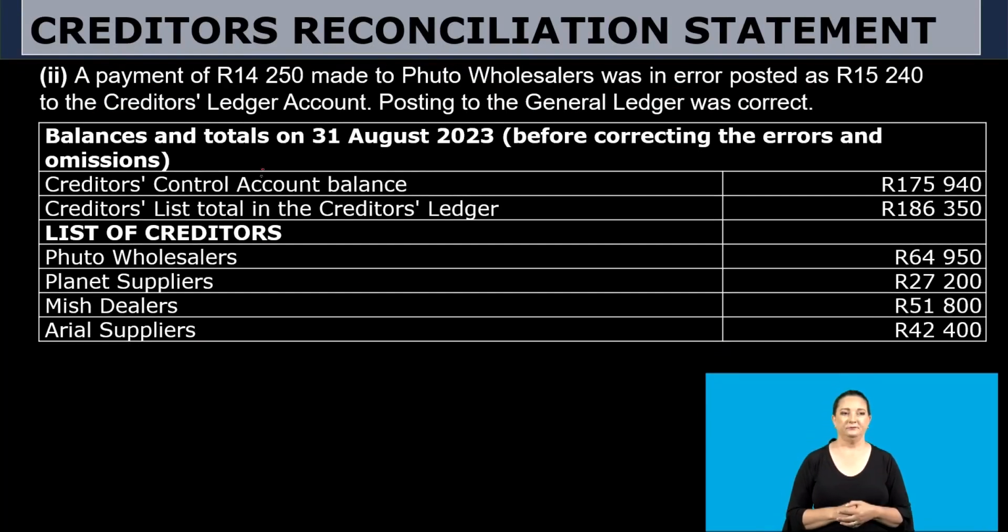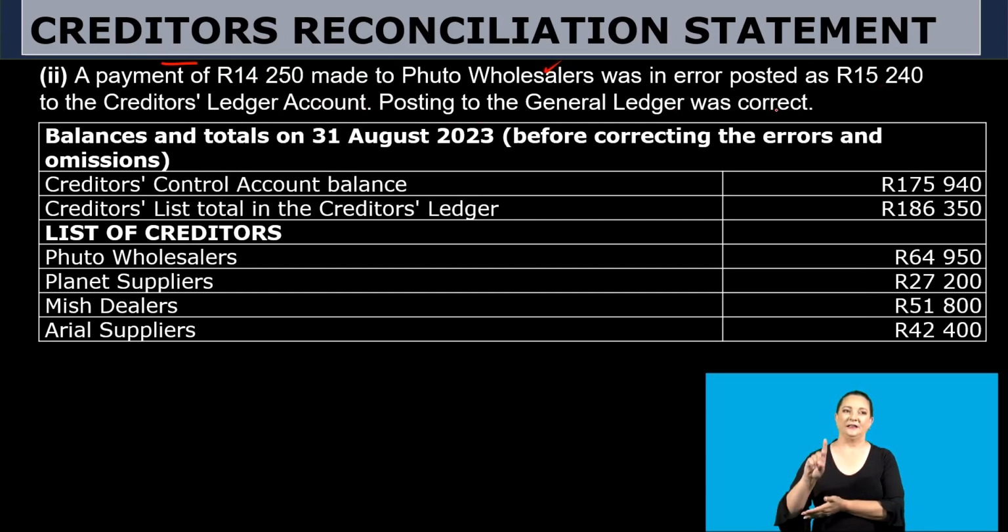Number 2, a payment. So we know that when we pay our creditors, it decreases the amount that we owe them. A payment of 14,250 made to Puto wholesalers was in error posted as 15,240 in the creditors ledger account. Posting to the general ledger was correct.